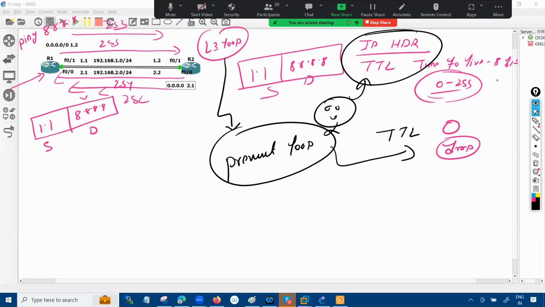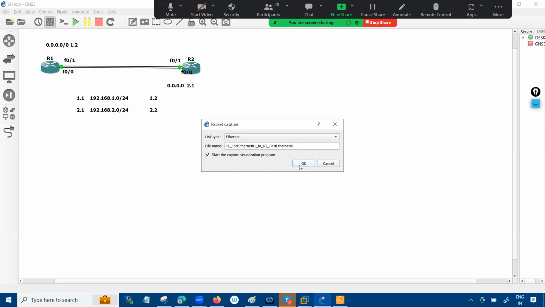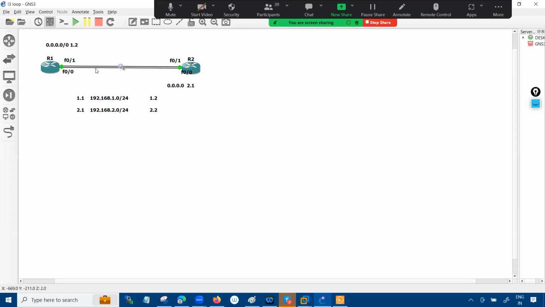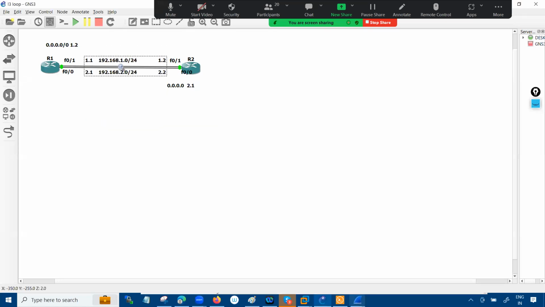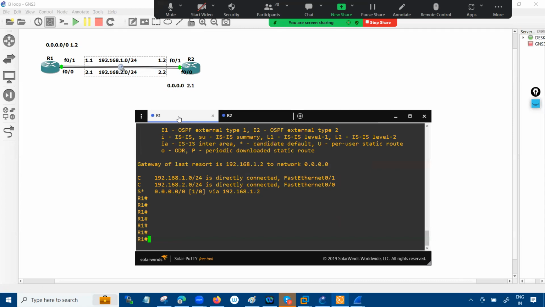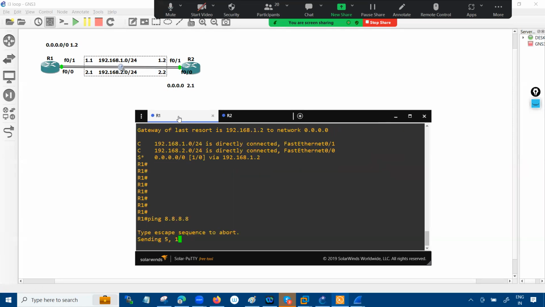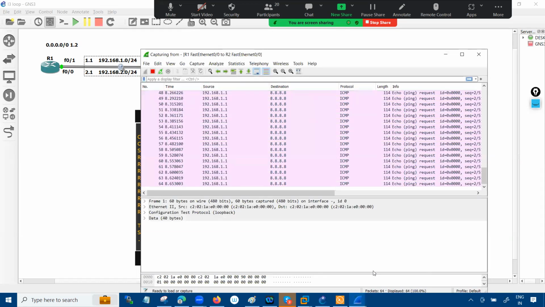Let me show you the practical. I'll capture this particular link, R1 0/1. Then I'll ping 8.8.8.8. You can see the packets, the loop is there.